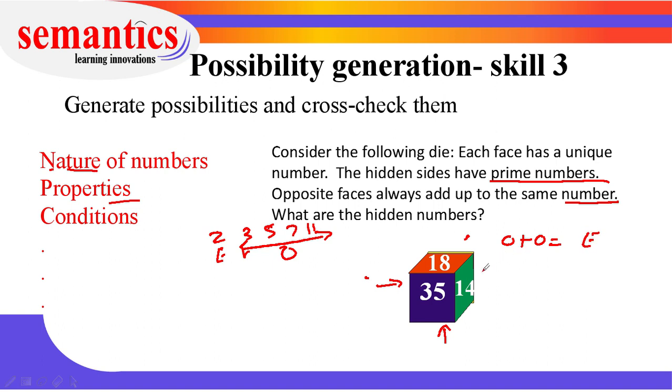Even plus even gives me even. Even plus odd gives me odd. Now let us generate some possibilities. So you have 18 plus something, 35 plus something, 14 plus a number.